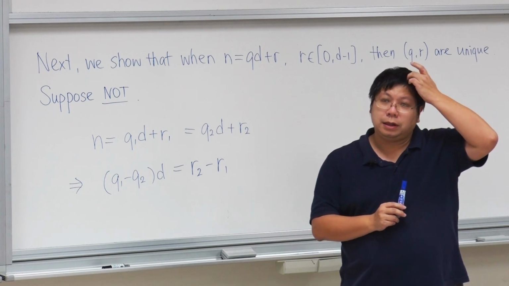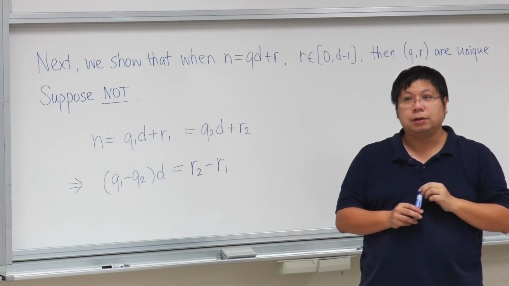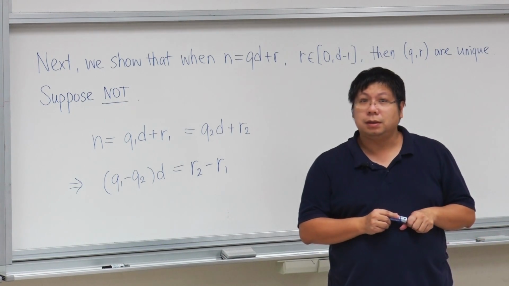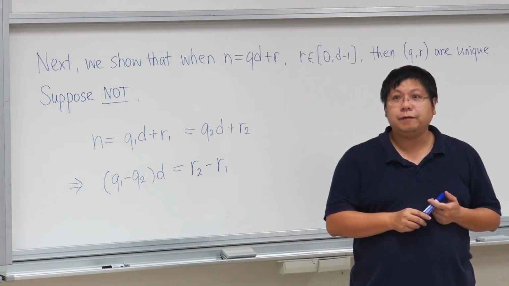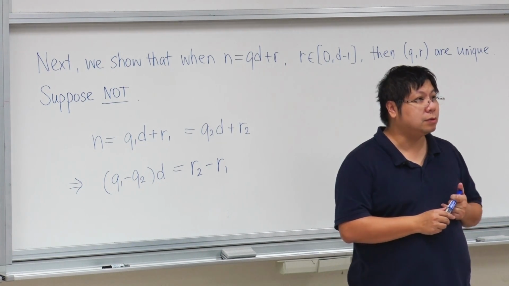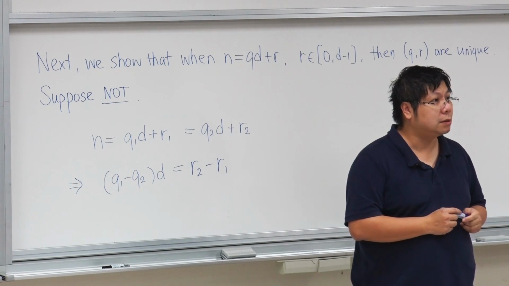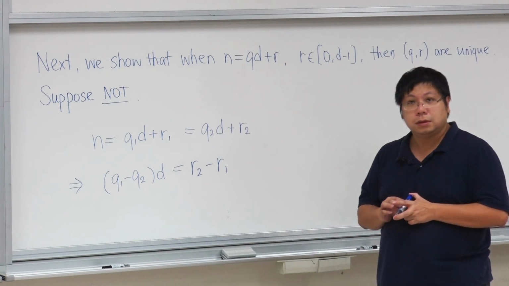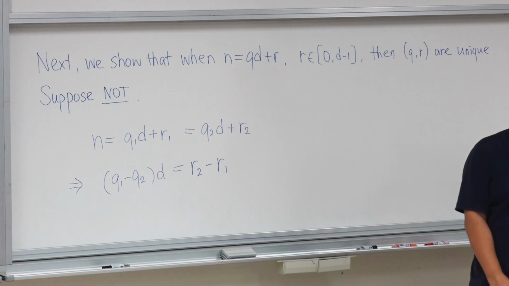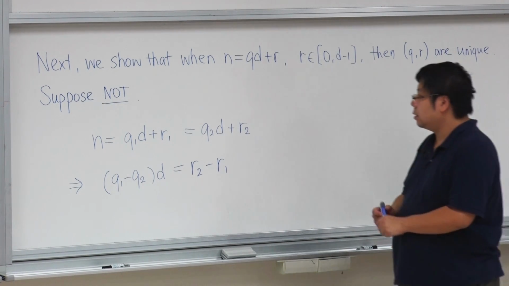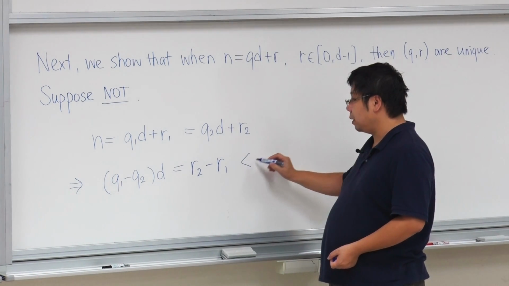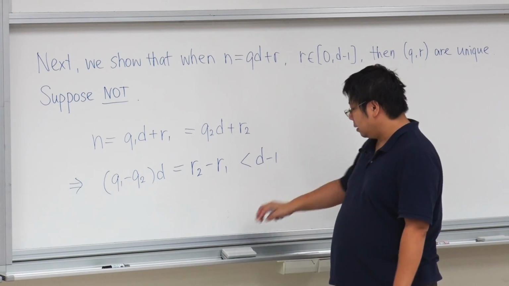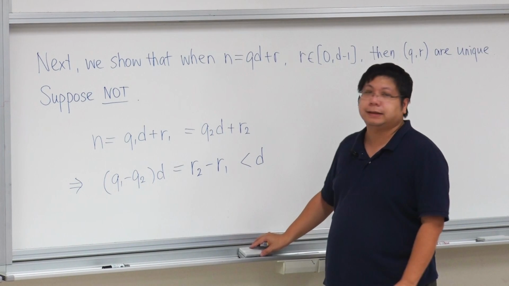Recall, each of r1 and r2 is between 0 and d minus 1. So the difference can be at most d minus 1, so it is less than d.